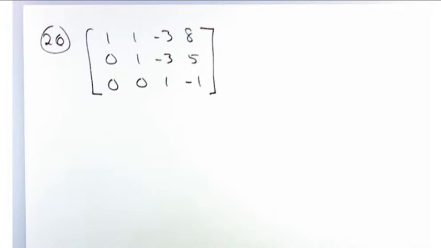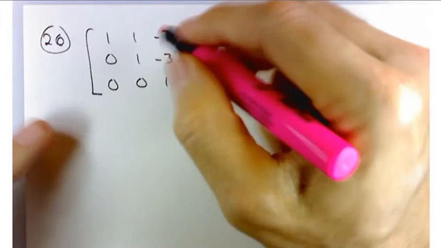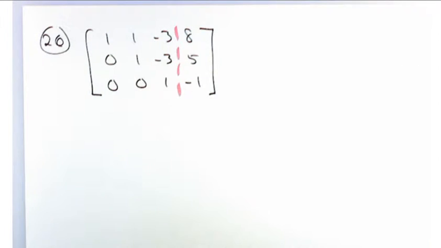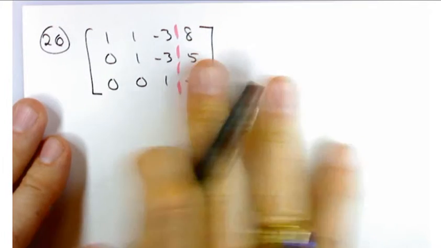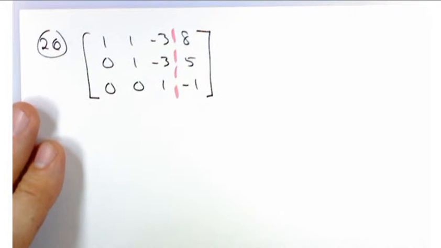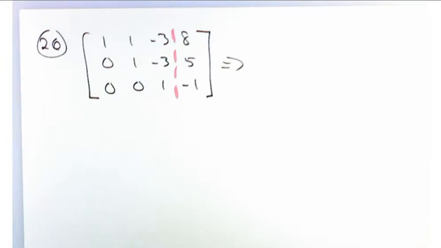So this is an augmented matrix. Just a reminder, that little vertical bar, which the book doesn't write, separates the right-hand side from the left-hand side. Let's see if we can figure out what kind of a system of equations this represents. What's represented here?